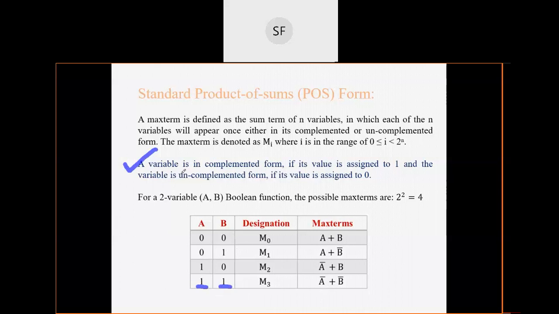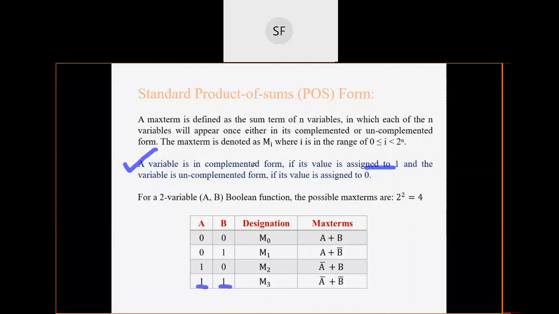So same has been mentioned here. A variable is in complemented form if its value assigned to it is 1. If value assigned to variable is 1, then it will be in complemented form. Whereas in case of min terms or in case of sum of product, it was opposite to it. वहाँ पे क्या था, अगर असाइन वैल्यू वेरिएबल को 1 हो गई है तो दैट वेरिएबल विल बी इन अनकॉम्प्लीमेंटेड फॉर्म, मतलब बार नहीं होगा उस पर.